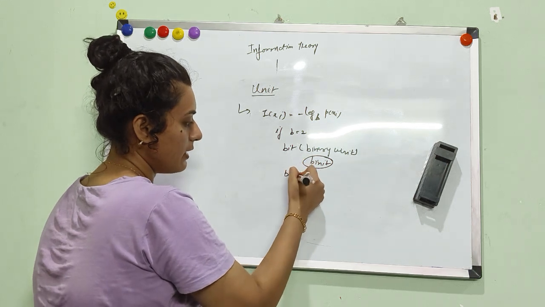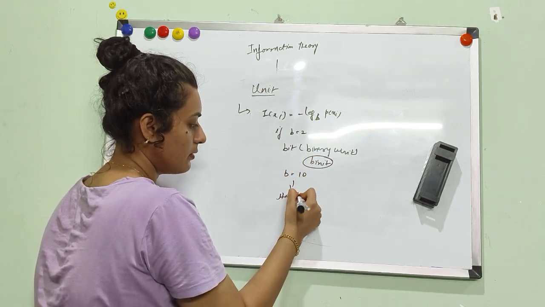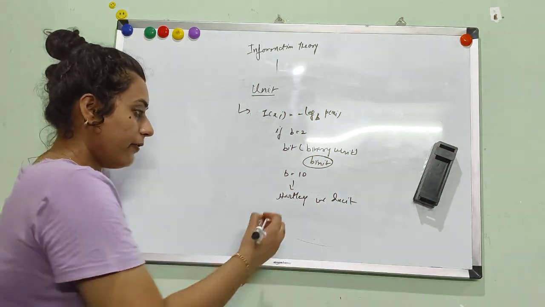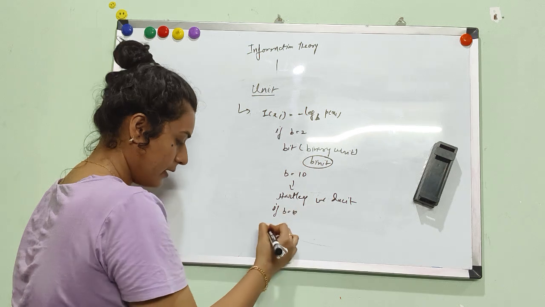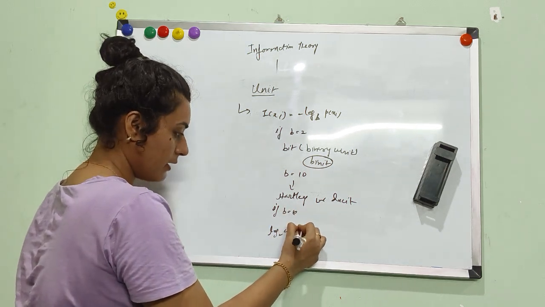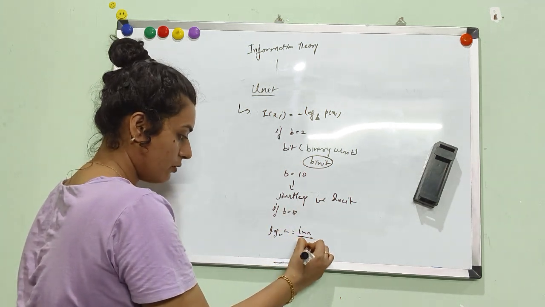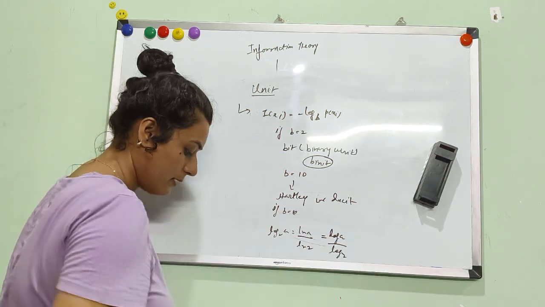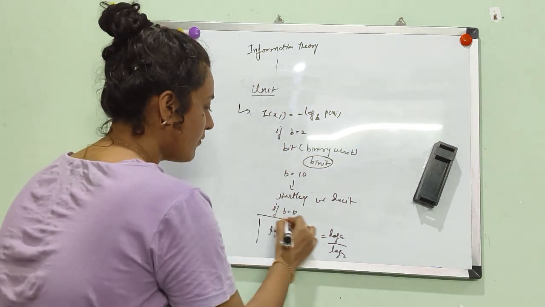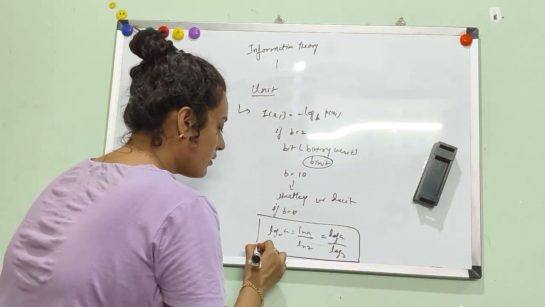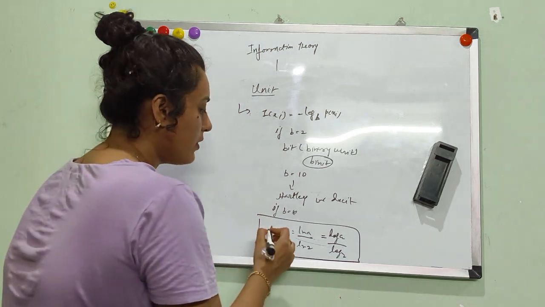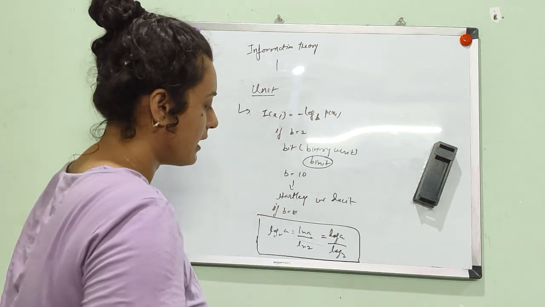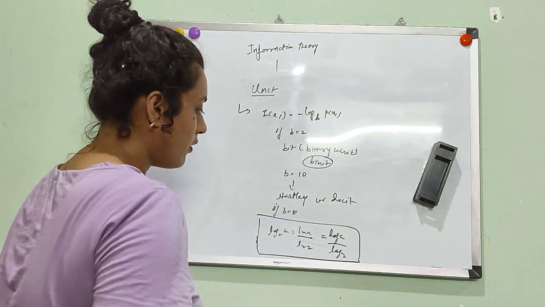If b equal to 10, then it can be Hartley or Decit. If b equal to e, then log 2 a equals ln a over ln 2, equal to log a over log 2. This is the expression for calculating the logarithm of a with the base 2. We can calculate with natural log, ln a over ln 2, or log a over log 2.